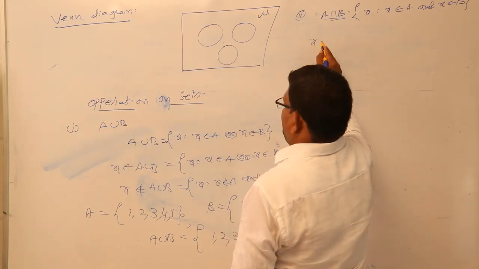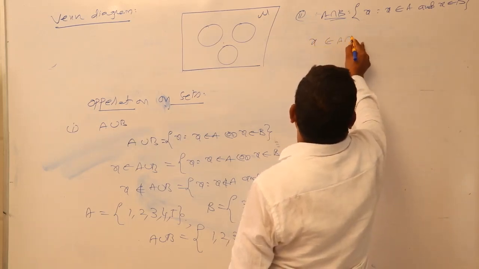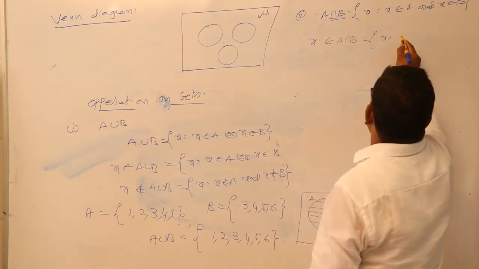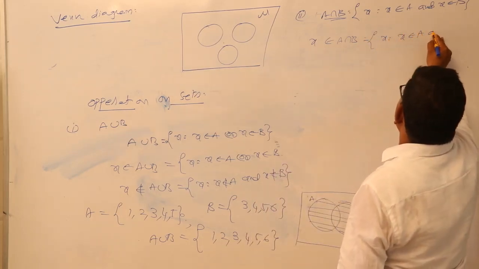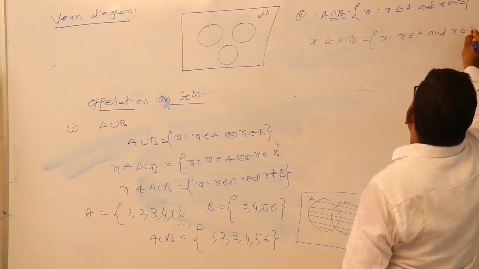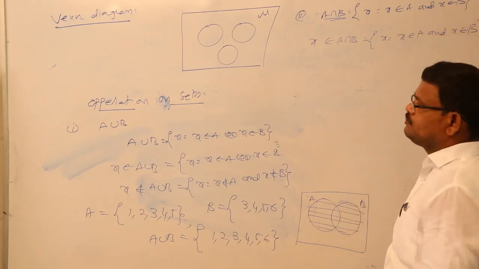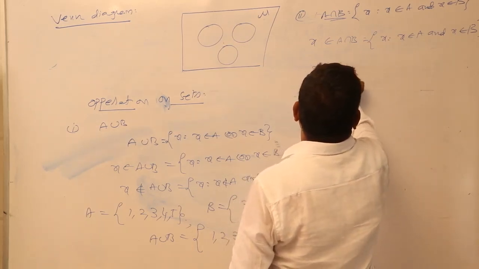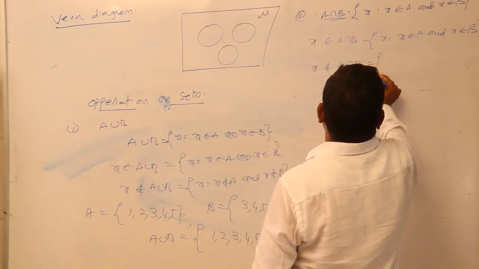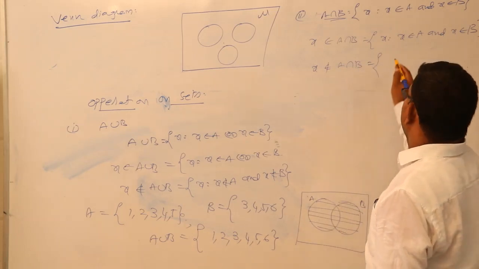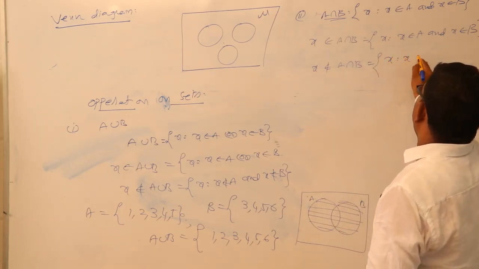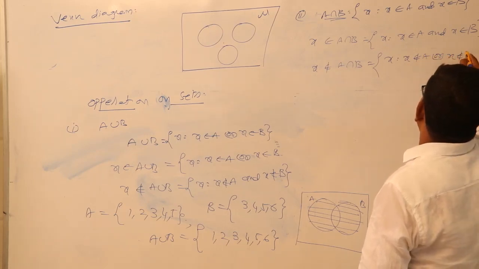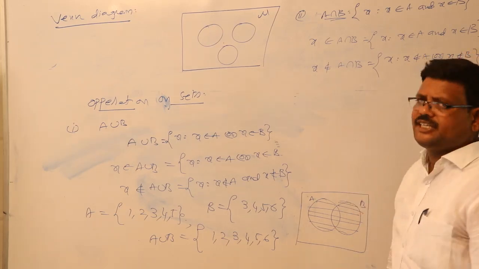If x does not belong to A intersection B, then x does not belong to A or x does not belong to B.